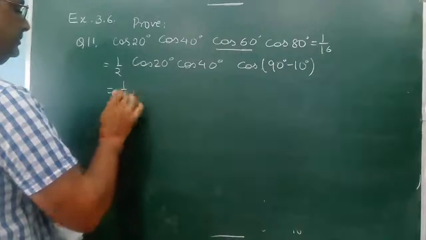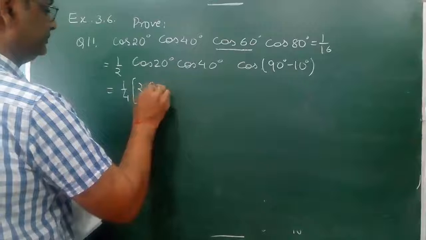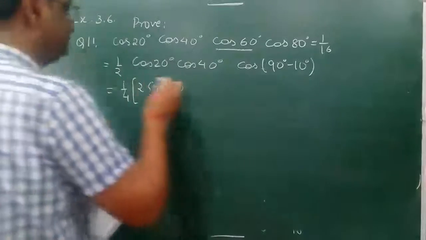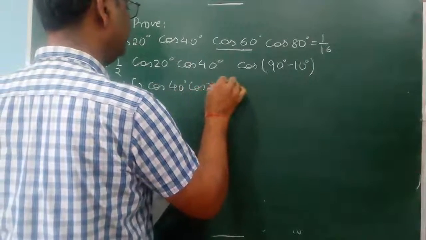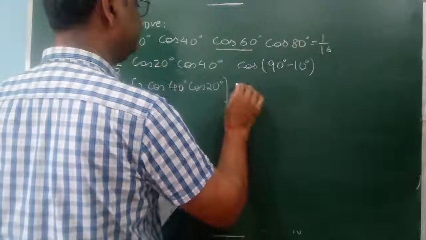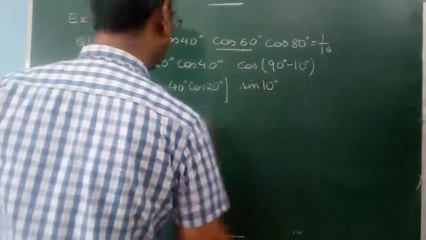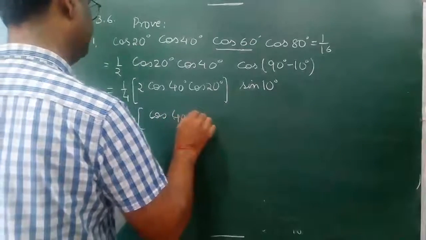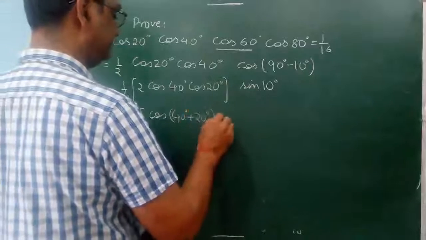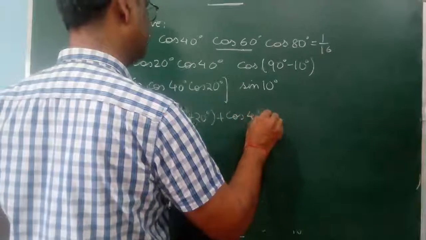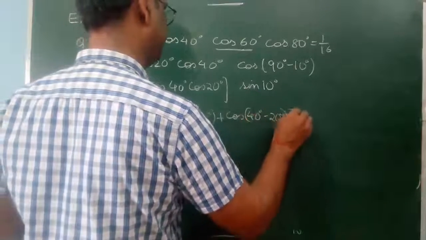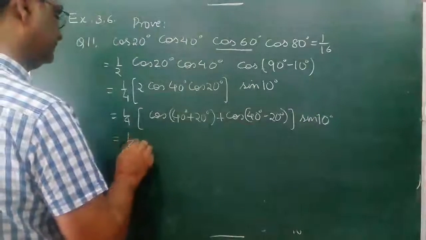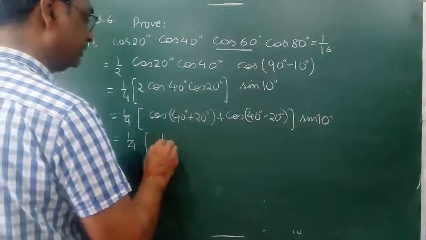Here we can multiply and divide by 2. This is cos 60, cos 60 is 1 by 2.